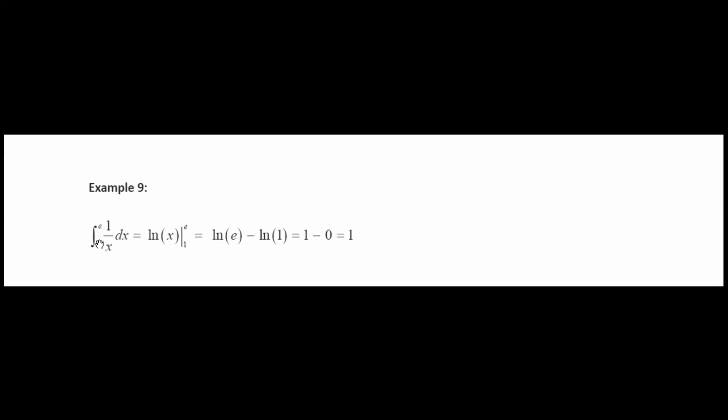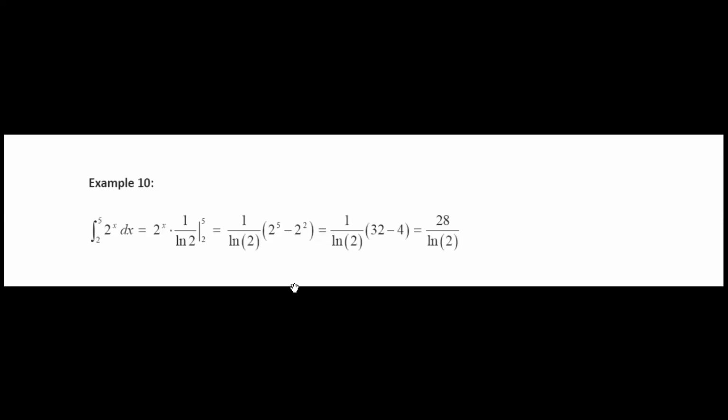If this were 2 to 7, we'd have to leave it like that, ln of 7 minus ln of 2. But we're fortunate if we can go further with this because ln of e is 1 and ln of 1 is 0. Just want to make sure you understand that.